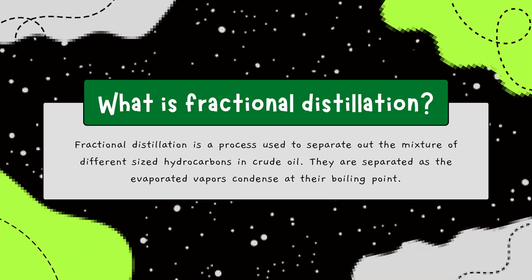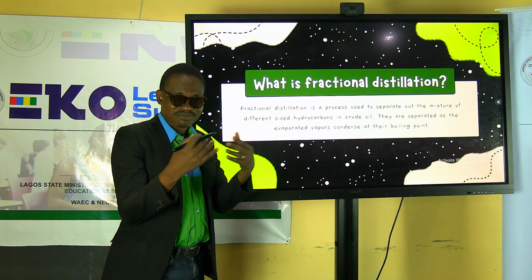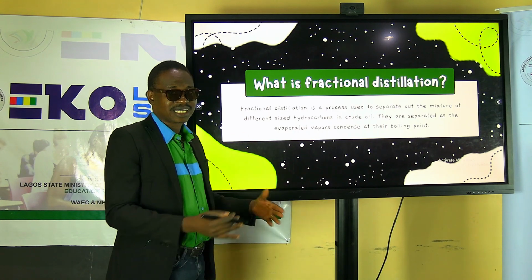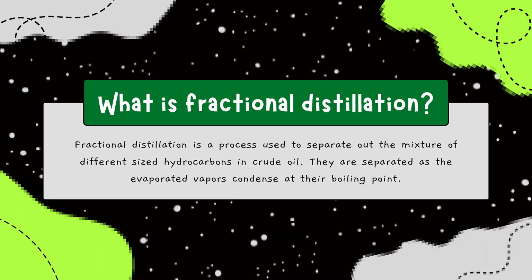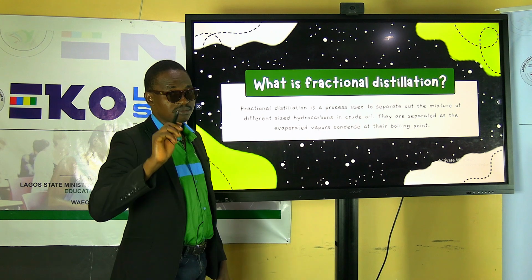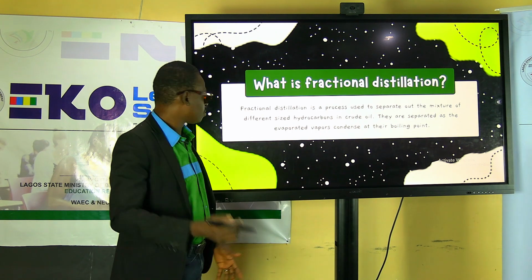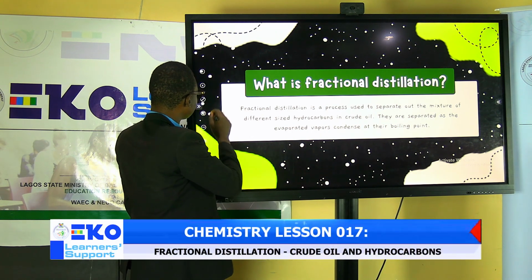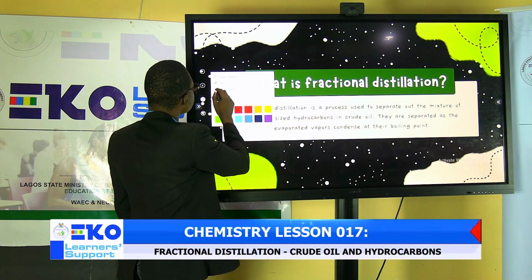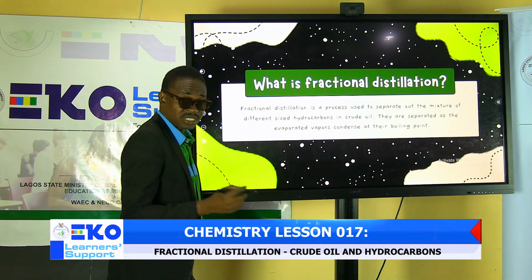To separate different components that are physically mixed together, and they can easily be separated into different components and still retain their individual properties. But this is based on their close boiling point. What did I say? Close boiling point. So it's very key. Let me pick my pen. Close boiling point.